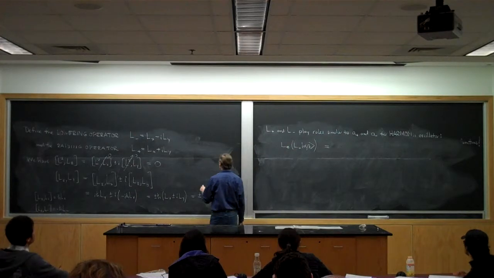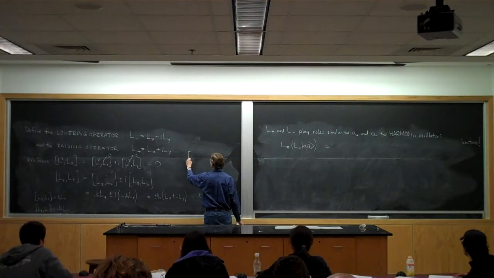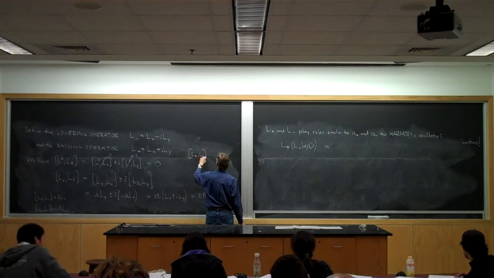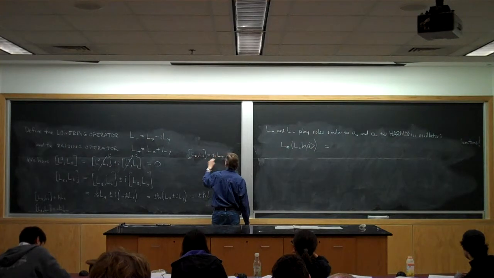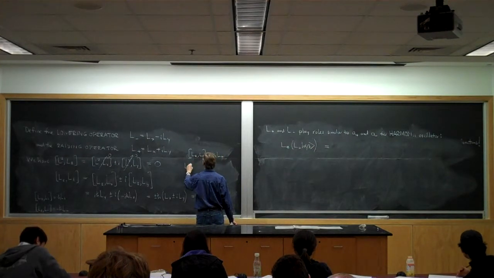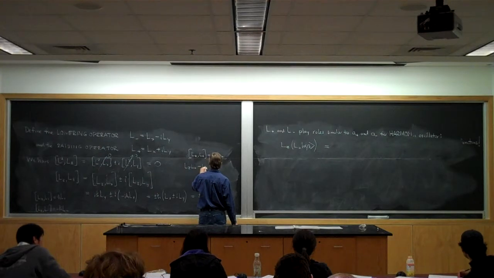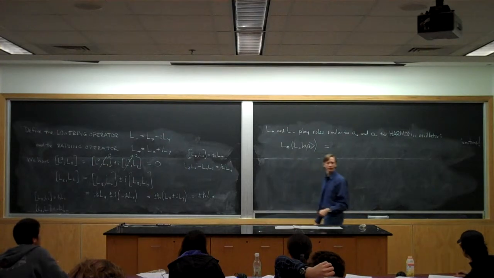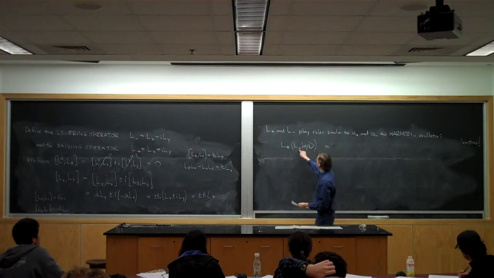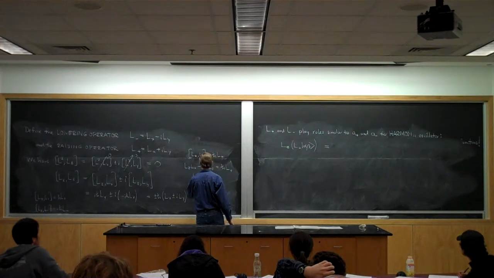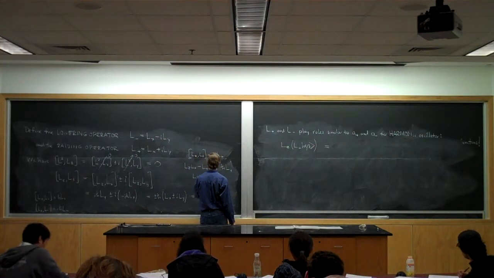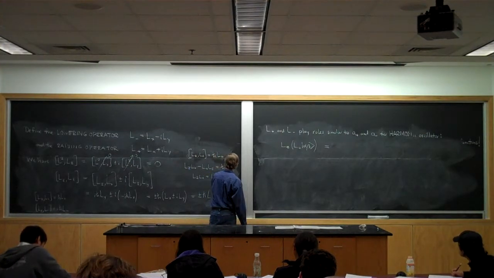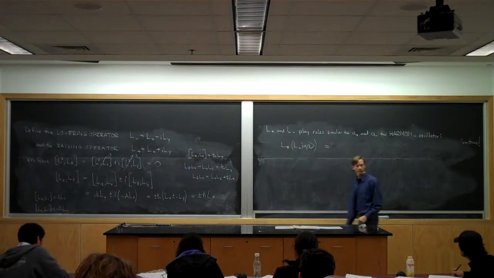Well, if we go back to the commutator, if it's true that the commutator of Lz and L plus is h bar L plus, that says that Lz L plus minus L plus Lz is h bar L plus. So that says that Lz L plus is the same thing as L plus Lz plus h bar L plus, and that's what we're about to use.